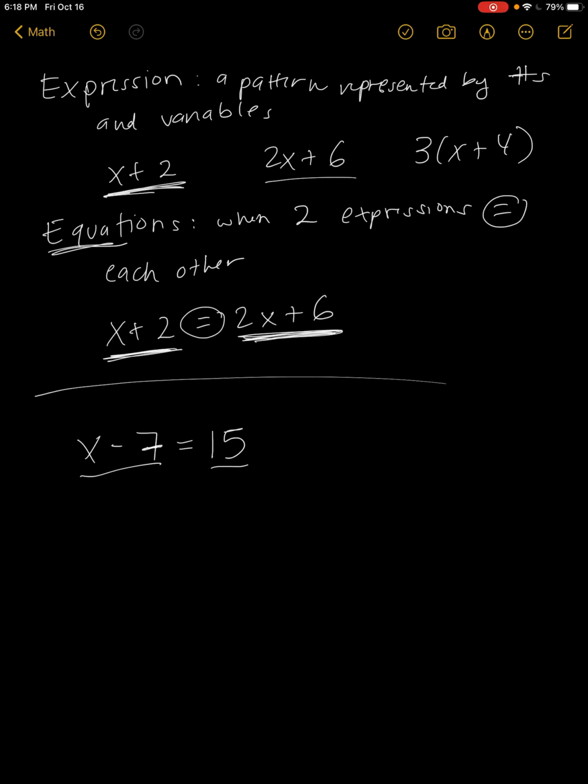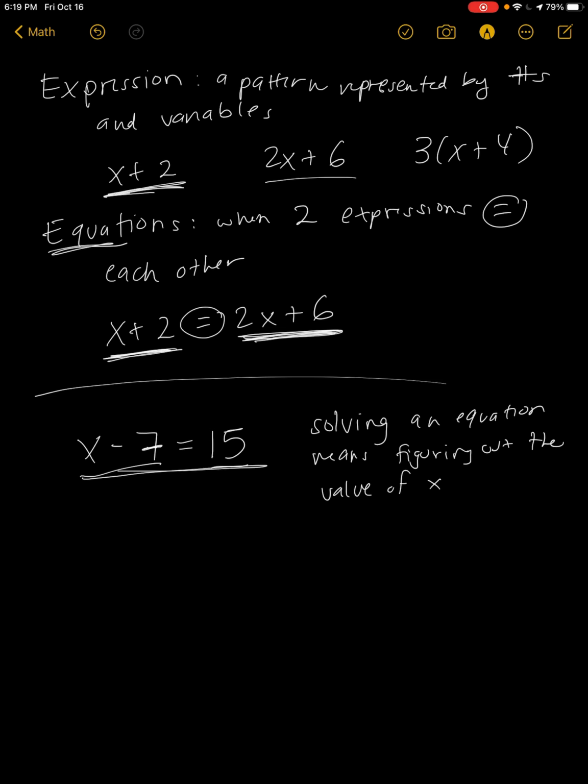And what solving means is figuring out what x is. Okay, because remember, variables are just numbers. We just don't know that number yet. Now we have enough context so we can actually figure out what the variable x is, right?